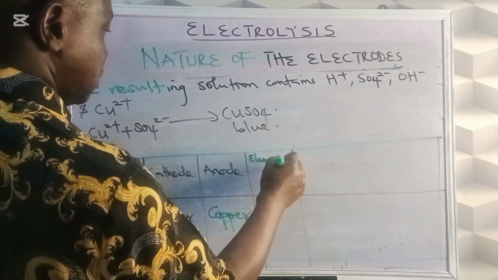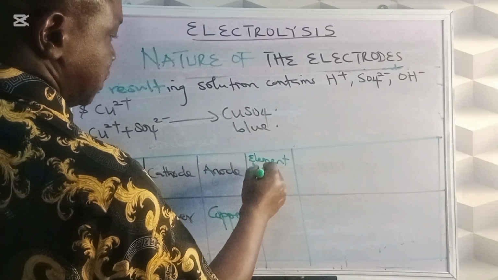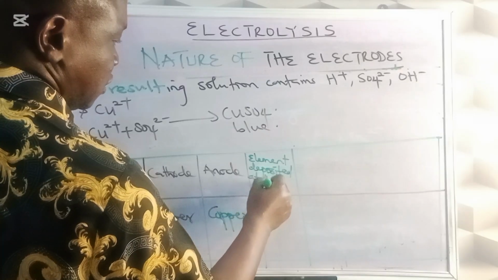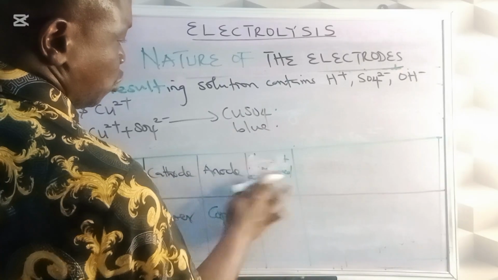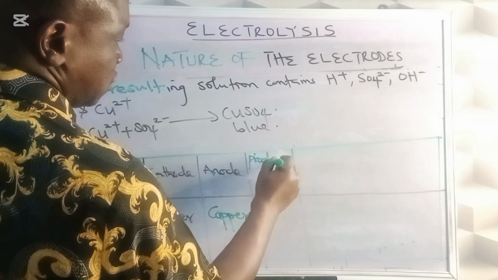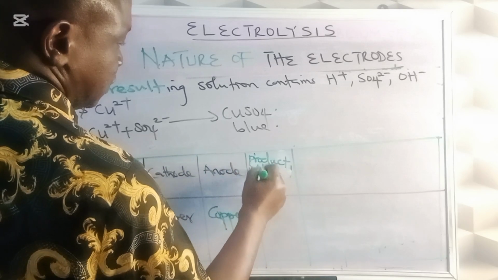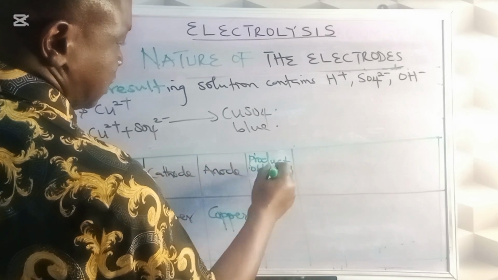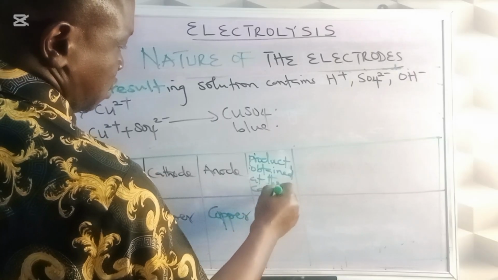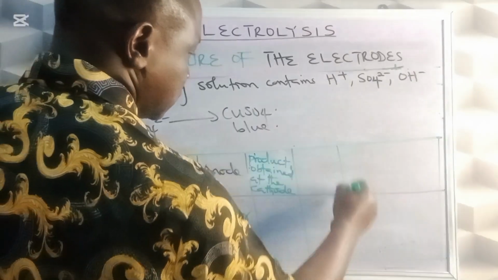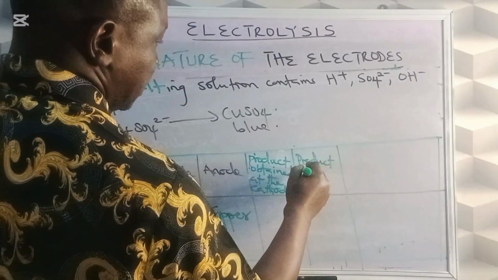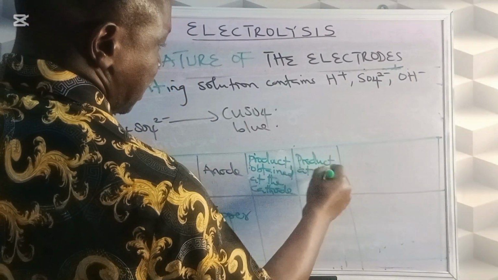We have the element deposited, or the products, let me just say the products obtained at the cathode, and products at the anode.